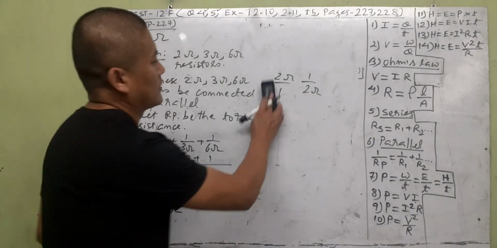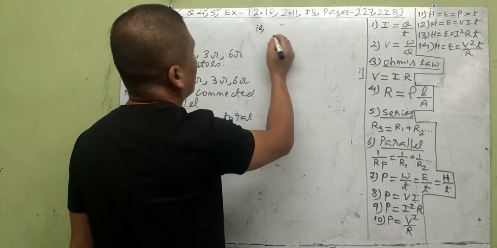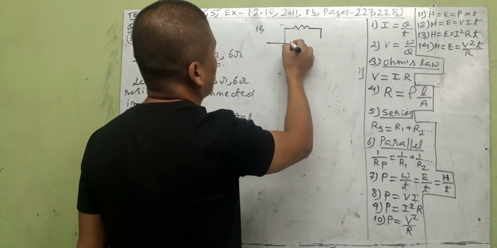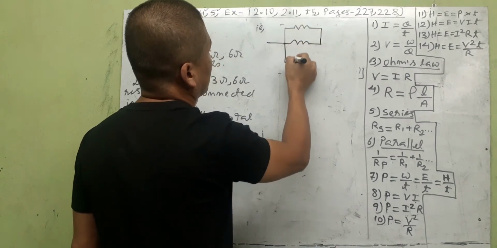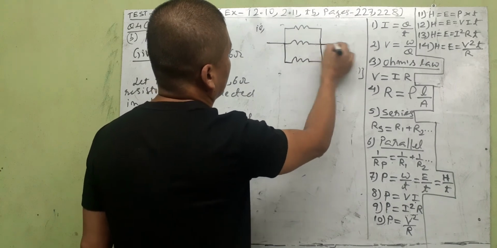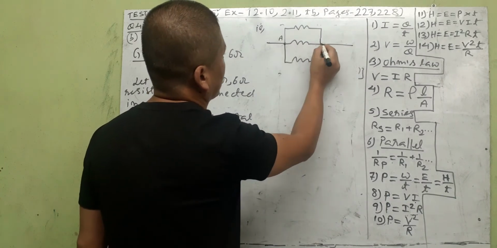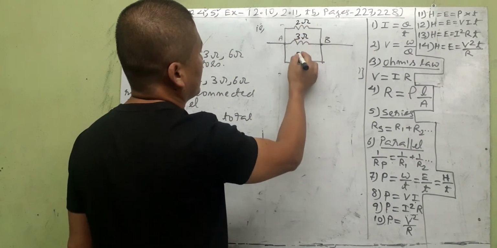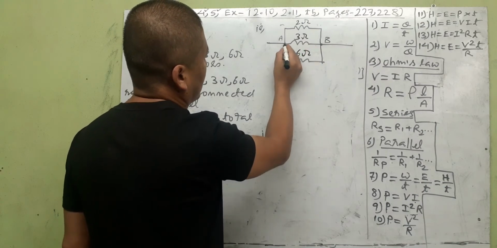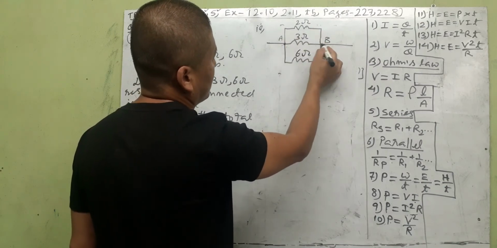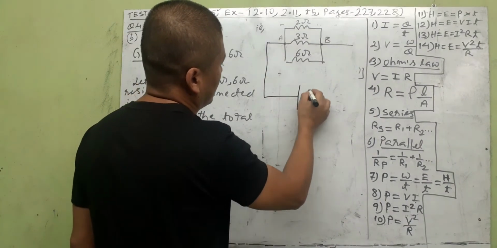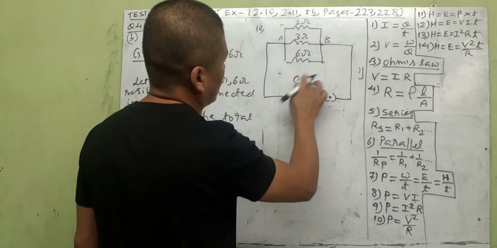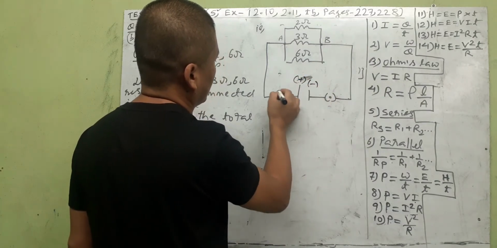So let's just draw the diagram. We have to connect like this. This first one 2, then the second one 3, and the third one like this in parallel, meaning all the 3 have the same beginning point A and ending point B. First resistor 2 ohm, 3 ohm, and 6 ohm, all their beginning points are here at A, and the ending point of all these three is the same, B. That means parallel, connected to a battery and switch, and if you switch on, then current flows from positive towards negative.